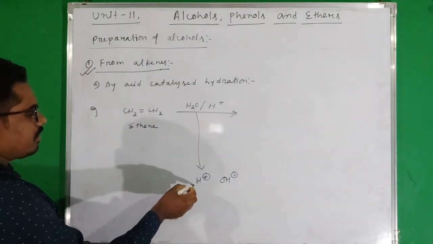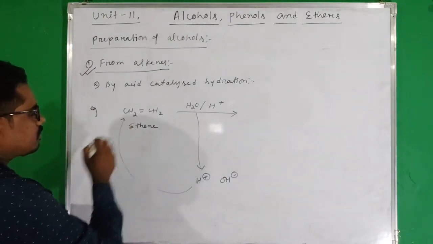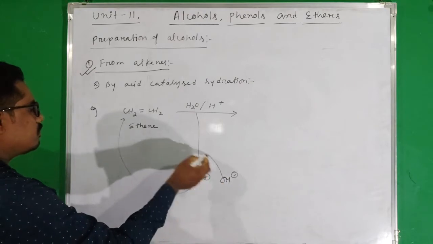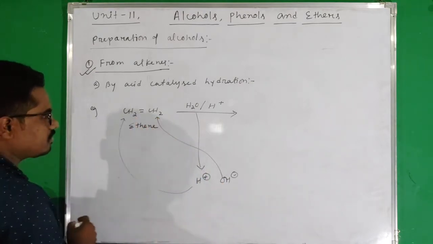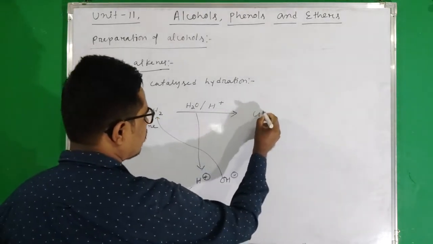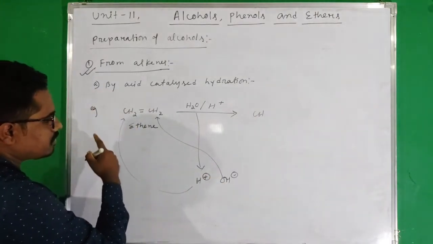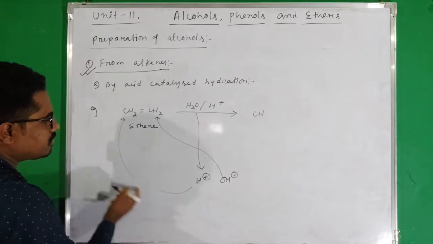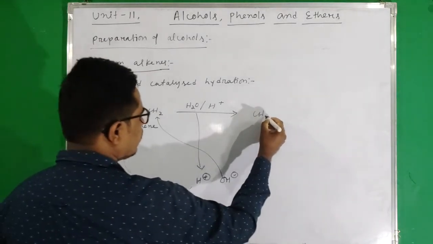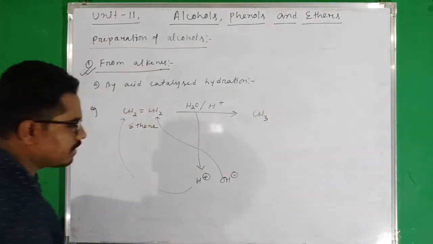Now one H positive will attach to one carbon, and the OH negative will attach to the other carbon. At first CH2 is present. After addition of this hydrogen, we will get CH3.